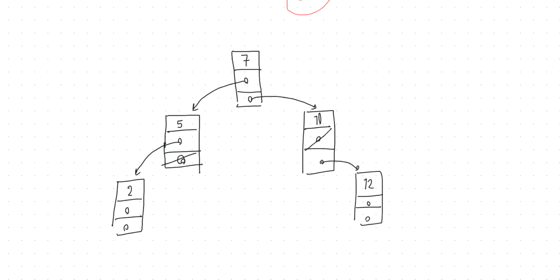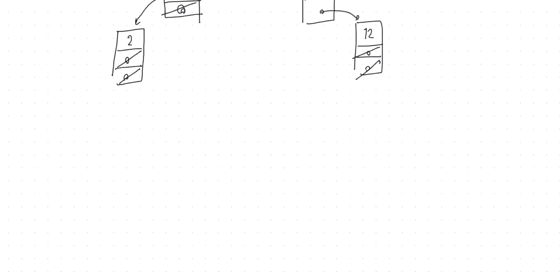So no left child, no right child. So both of these pointers will be null if this is a leaf node, and similarly for this one. Okay, so you can see that with this structure, we can represent a binary tree in a very nice way in C++.